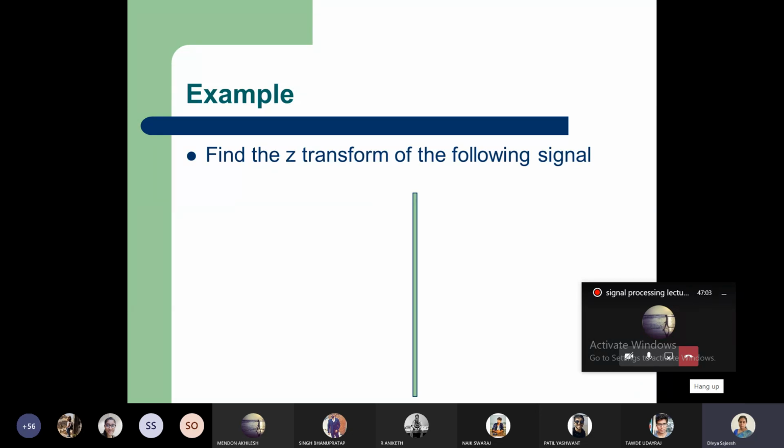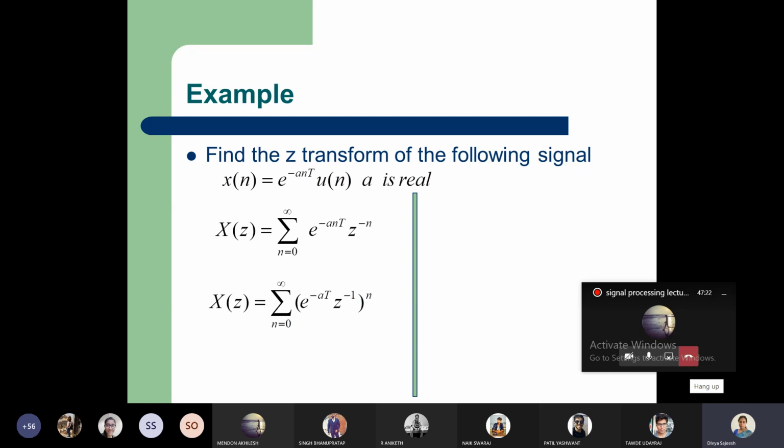Now one more example we will see. Find the z transform of the signal e raised to minus at u of n, where a value is real. So x of z is the sum from 0 to infinity of e raised to minus at z raised to minus n. Now if you apply the property 1 upon 1 minus c, you can expand x of z as 1 upon 1 minus c.